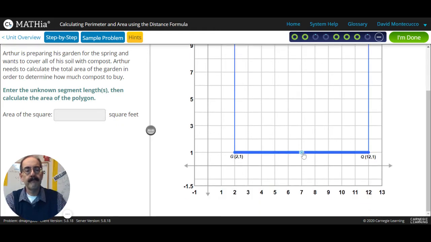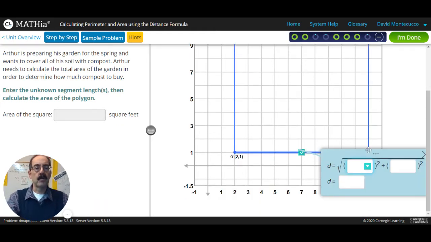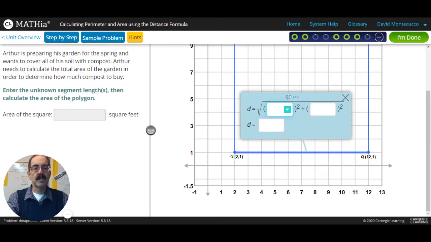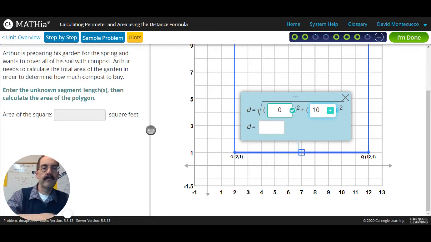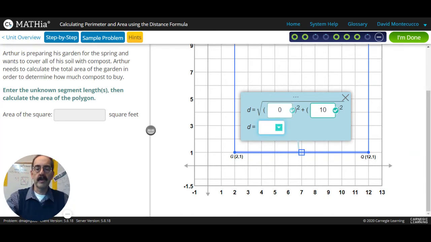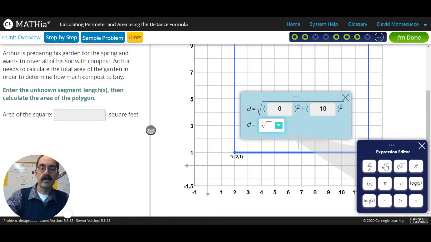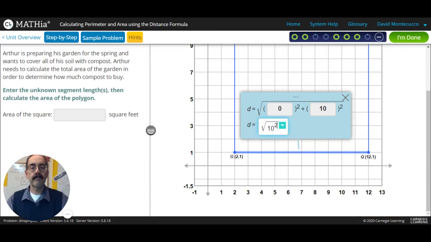Oh, okay. All right, so we're not changing anything, right? So in the x's, it's 0 squared. And then we have 10 squared. And we know that 10 times 10 is 100, square root of 100. But in case you're not sure, use the radical sign, 10 squared.